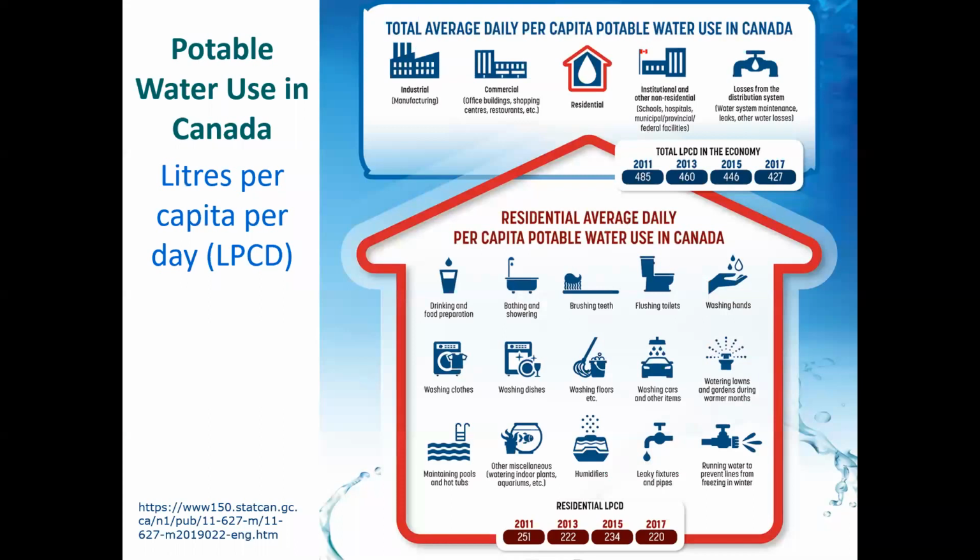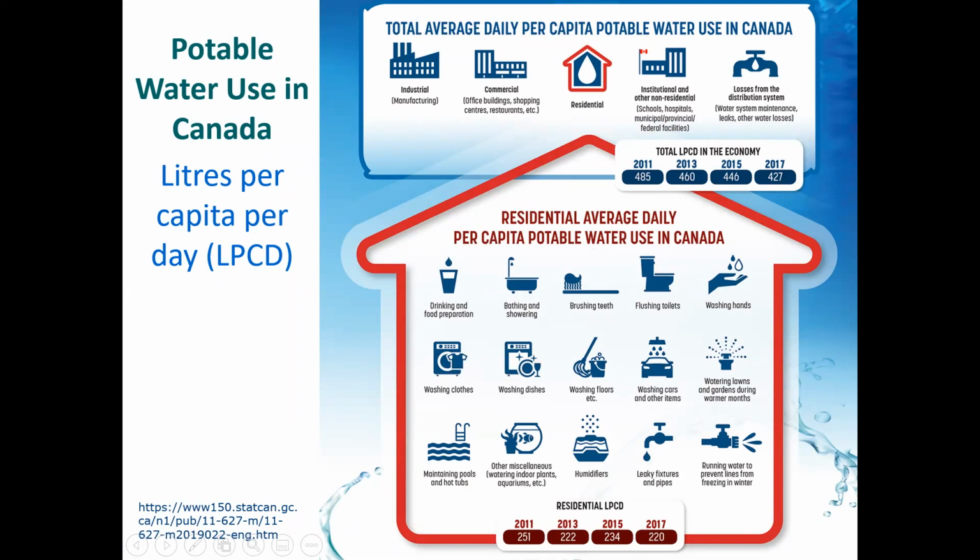But it all adds up when you think about brushing your teeth, washing your hands. In the summer, some people water their lawns or flower gardens or vegetable gardens. People wash their vehicles. Some people have swimming pools. There's, of course, quite a number of uses in the home, and you can see that some of them are listed there in this little infographic.